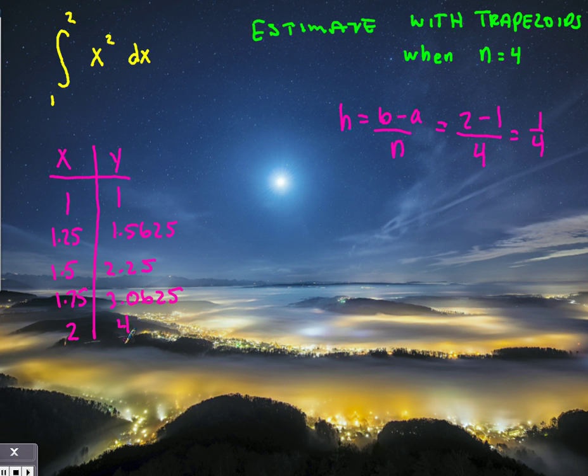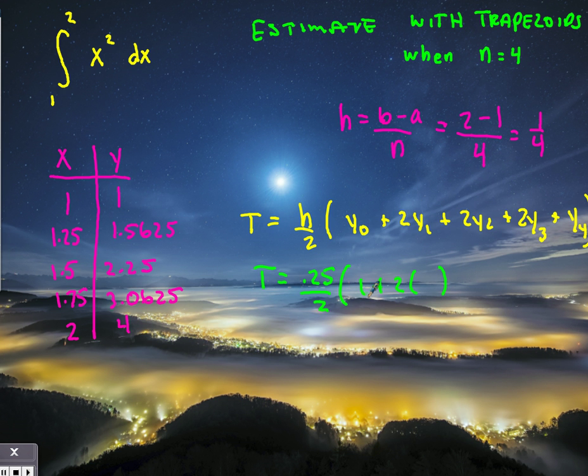So now I'm going to plug these into the formula from the last screen. So plugging in, h is a fourth. A fourth is 0.25 divided by 2. The y sub 0 value is the base 1 of the very first trapezoid, which is a value of 1, plus twice y1, because y1 will get used on two different trapezoids.